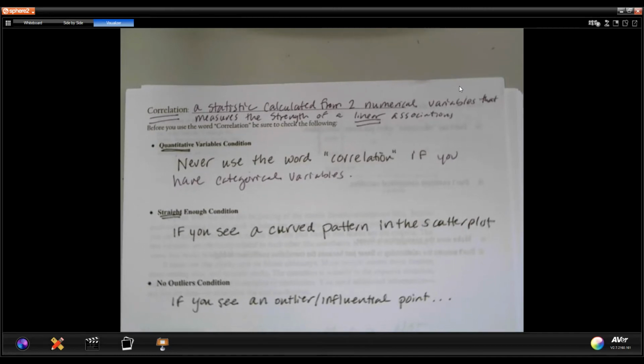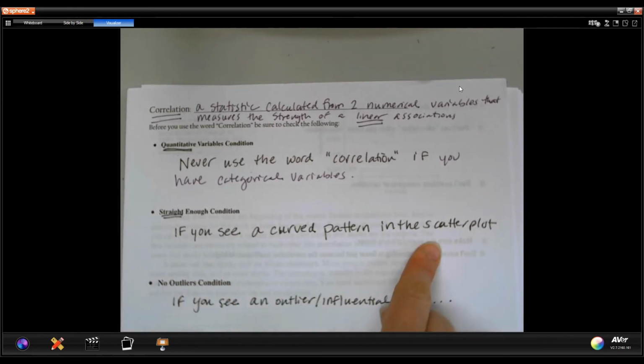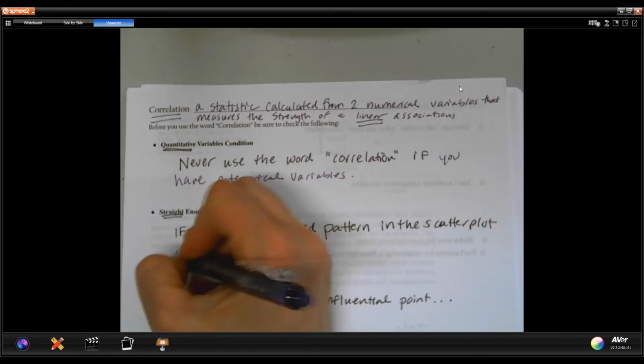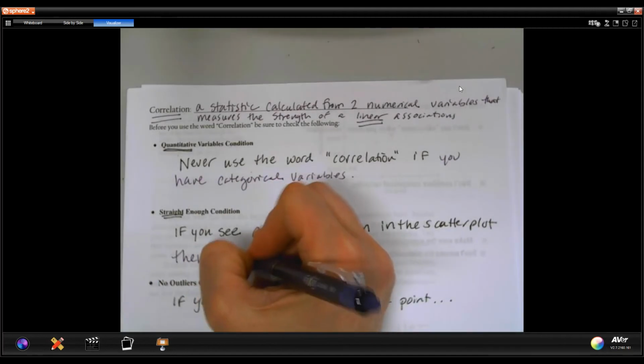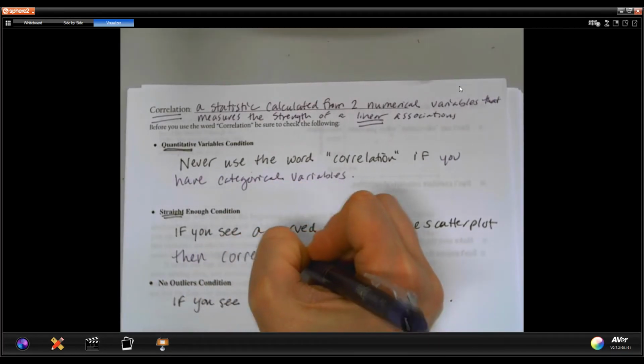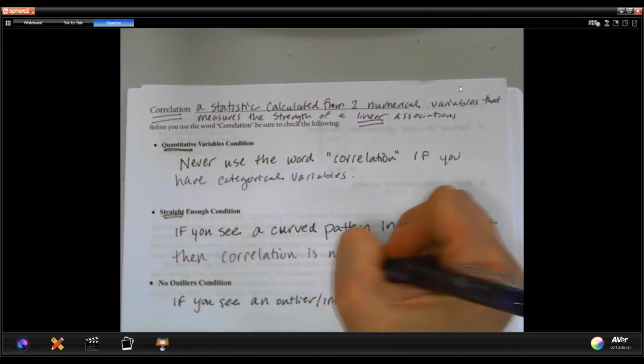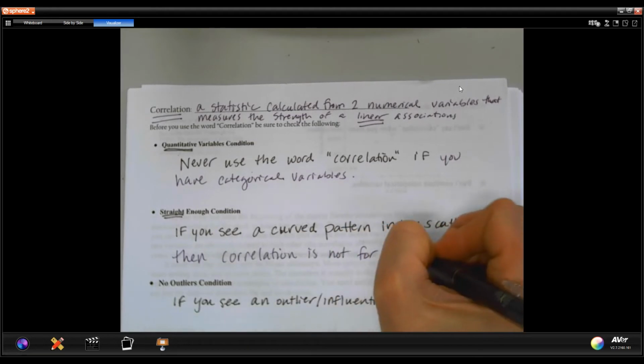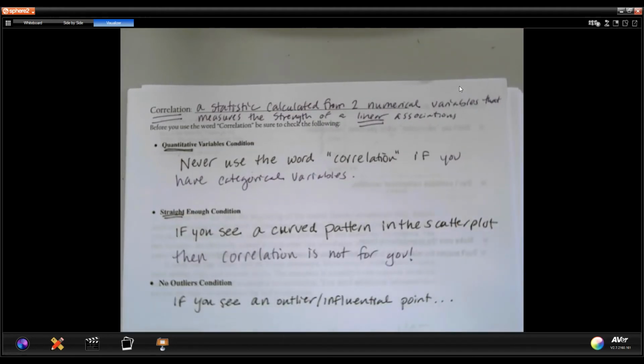They have to be two quantitative variables, okay? So straight enough condition. If you see a curved pattern in the scatter plot, then correlation is not for you. You could get a correlation, that number, but it won't mean anything if you start with a curved pattern in your data. So don't do it.